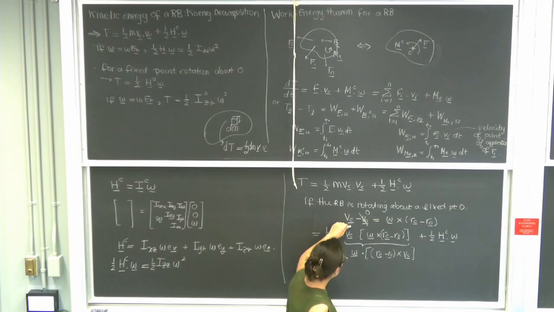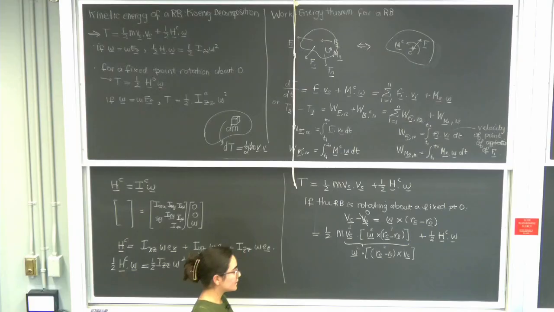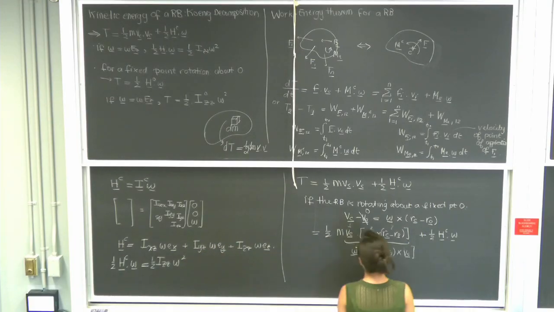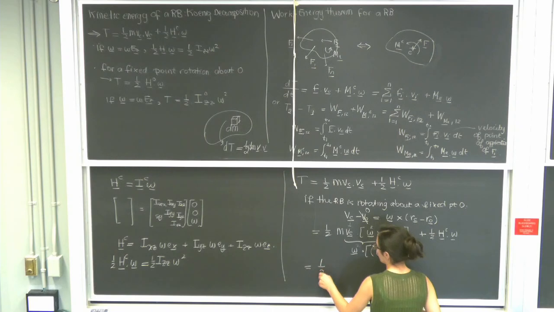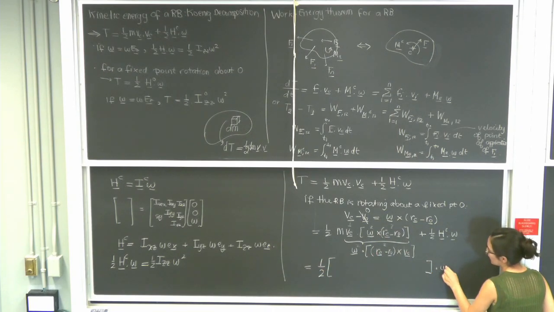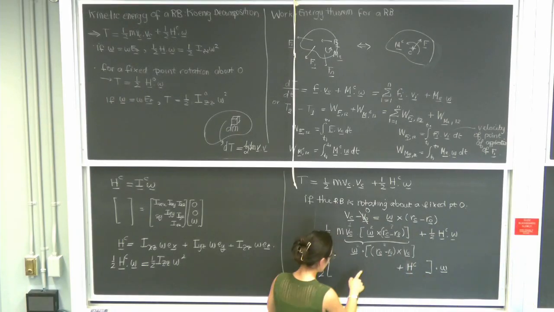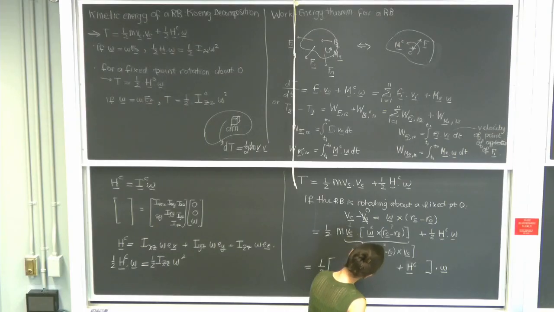If that's 1, 2, 3, then I did 2, 3, 1. Any questions about this? Great. So then I can take omega as a common factor, dot omega. I have a plus, well, the half is outside, H_C, and here I have R_C minus R_O cross m V_C.